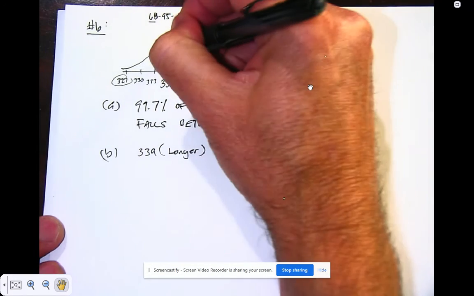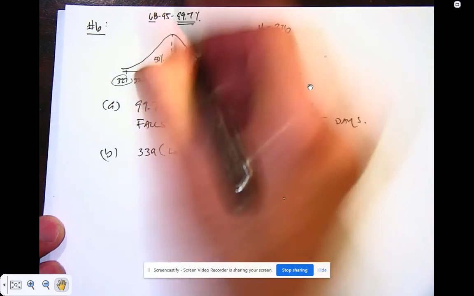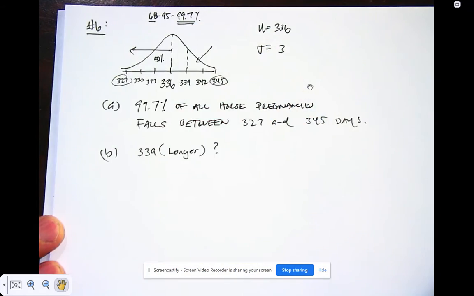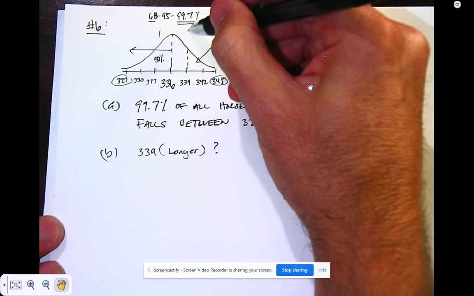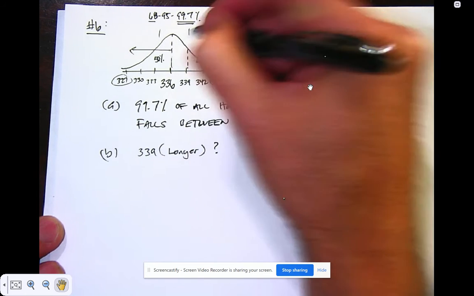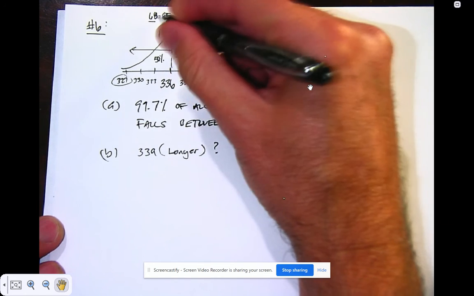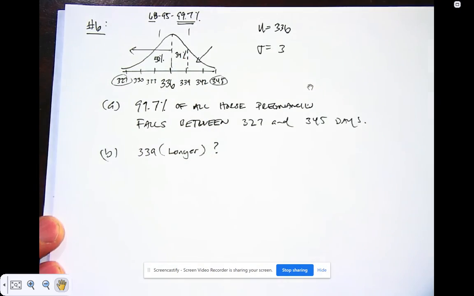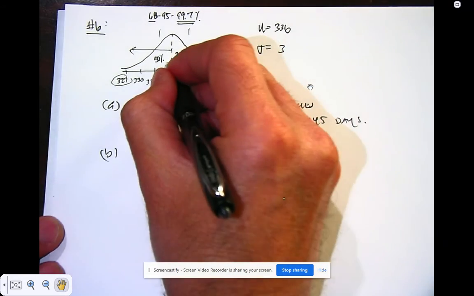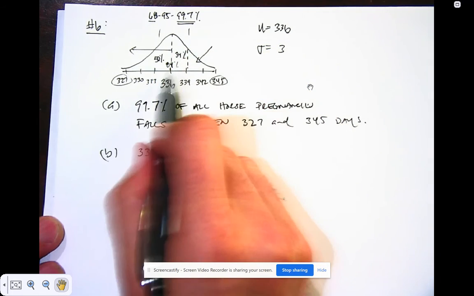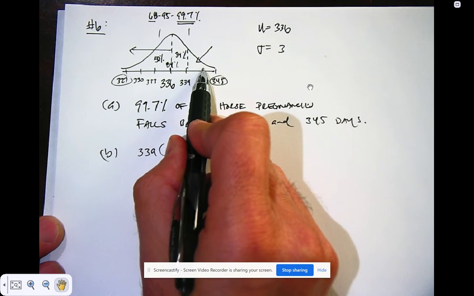We know that this is dead center, and so this is 50% that way. We also know that 68% of the data falls between here and here. Well, because of symmetry, that means that this side is half of 68, so that's 34. And so if you take 50 and 34, that's 84%. And so this must be the other side, right?